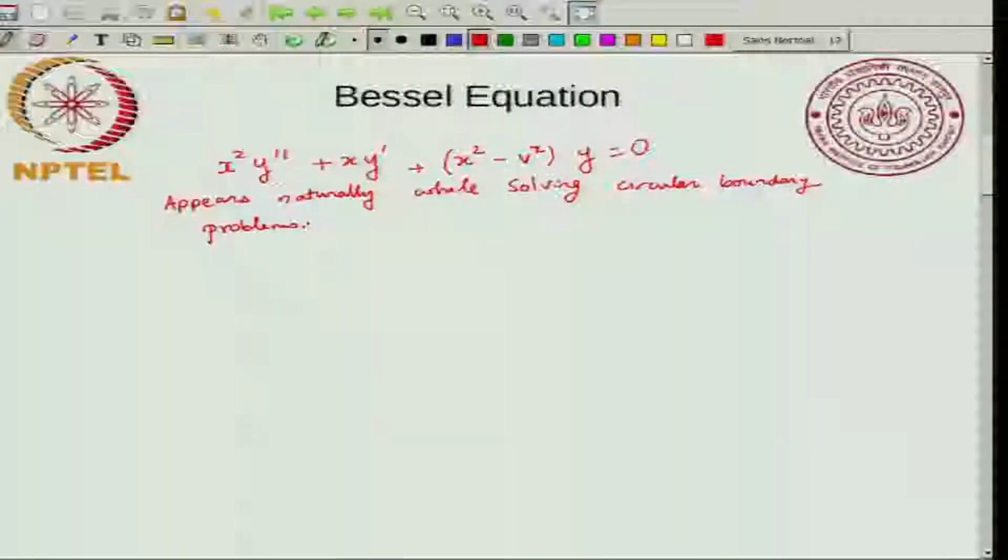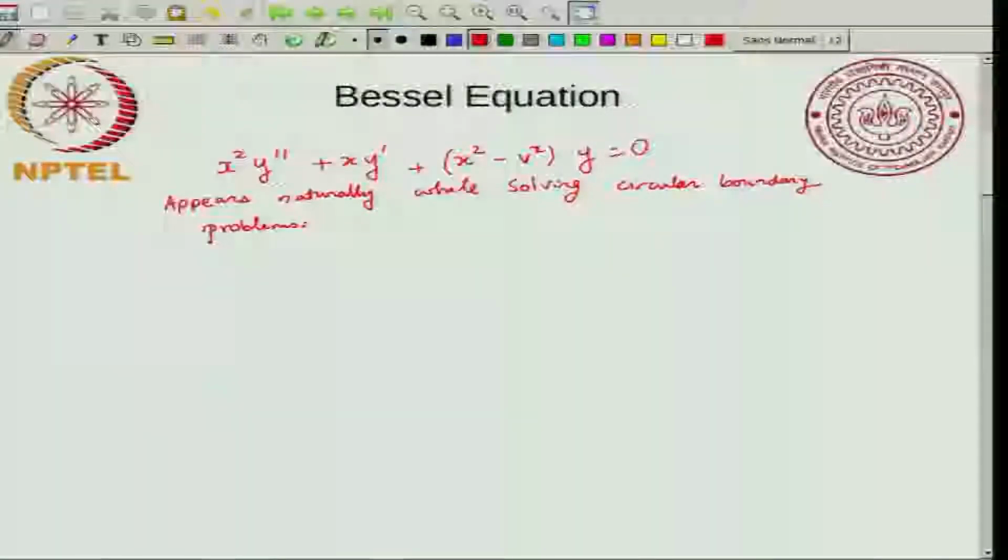So suppose you have a drum, a vibrating drum, where the perimeter of the drum is circular, then you will see Bessel functions appearing very naturally in the solution of that problem. Okay. Now, this also appears when you use cylindrical polar coordinates. Okay. So, when you use cylindrical polar coordinates, you will naturally see Bessel functions.